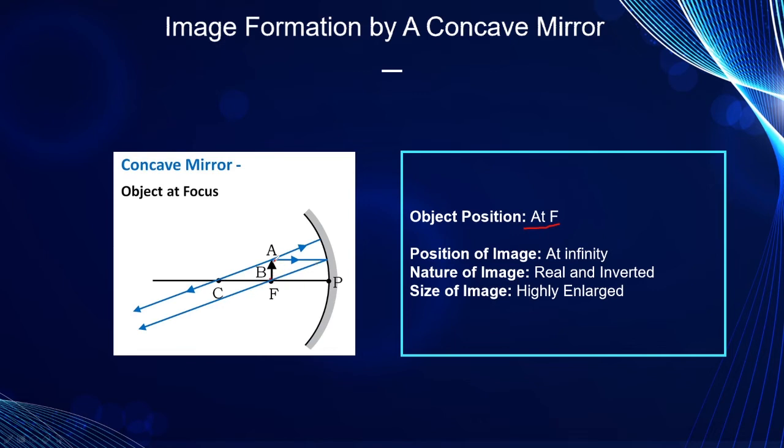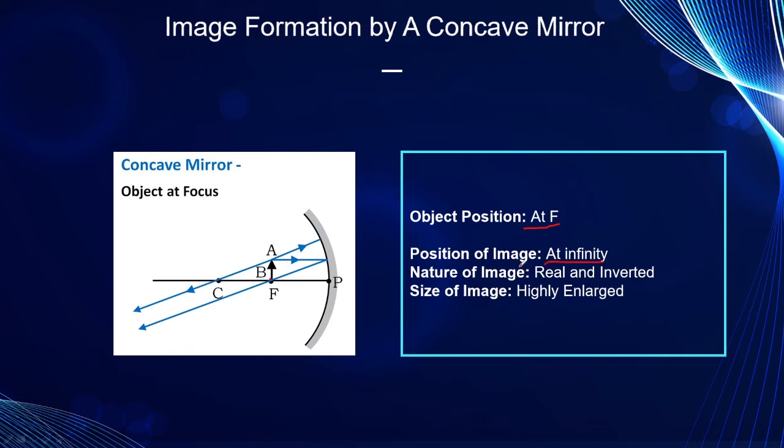Second one, most often used: I align the center of curvature with the head, and if my ray goes as though it's coming from the center of curvature, it retraces its path and passes through the center of curvature. And I see that the rays are parallel, which means they will never meet. They may meet at an infinite distance.